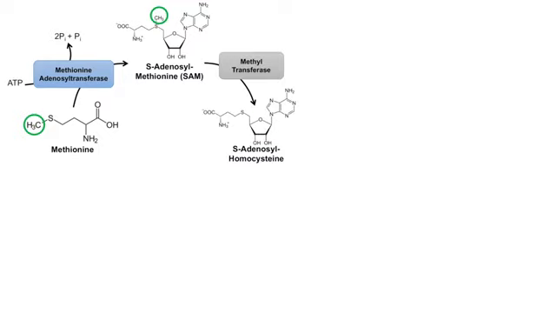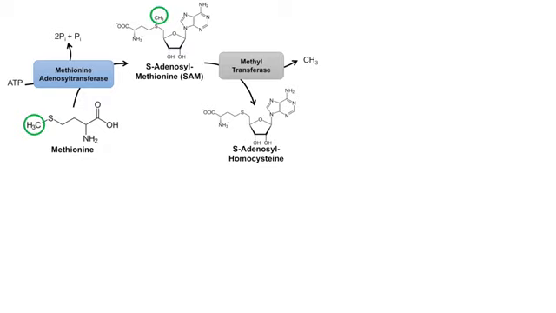So the next thing we want to do in methionine metabolism is process SAM by a methyltransferase enzyme. What this essentially does is it removes the methyl group and adds it to another molecule. Those molecules could be part of catecholamine synthesis, nucleotide synthesis, etc.